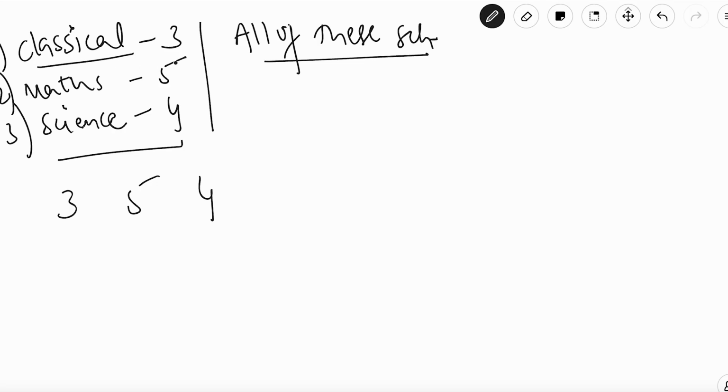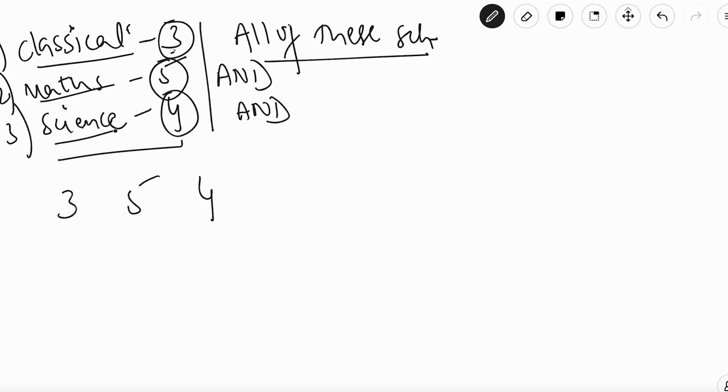We need to distribute 3 scholarships from the classical category, 5 scholarships from the mathematical category, and 4 scholarships from the science category. Since it talks about and, it means multiplication. 3 into 5, 15 into 4, 60.